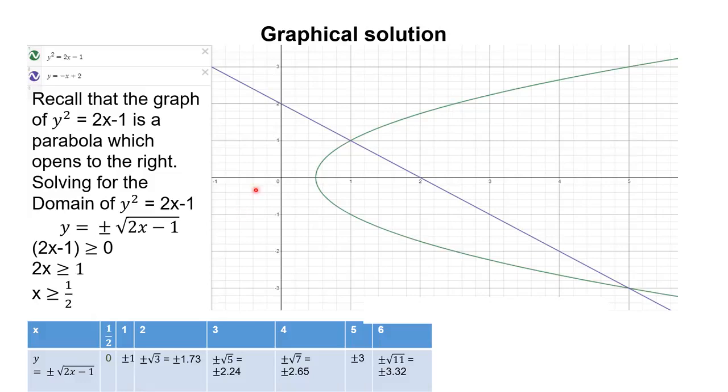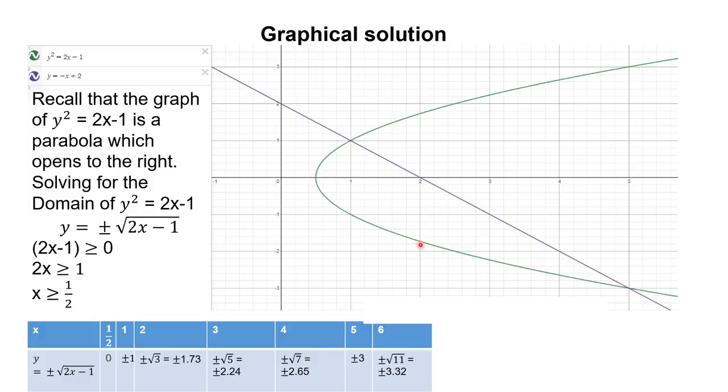When x is equal to 1/2, you have here y is 0. When x is equal to 1, you have positive 1 and negative 1. When x is equal to 2, we have plus or minus 1.73. So this is y equal to 1.73, and here when x equal to 2, this is y equal to negative 1.73.